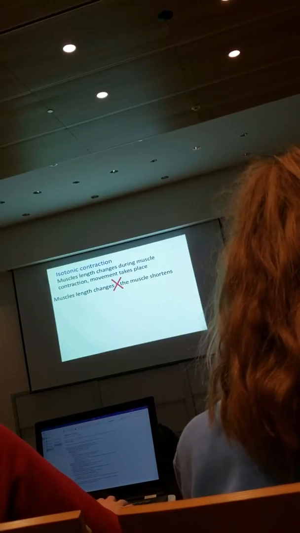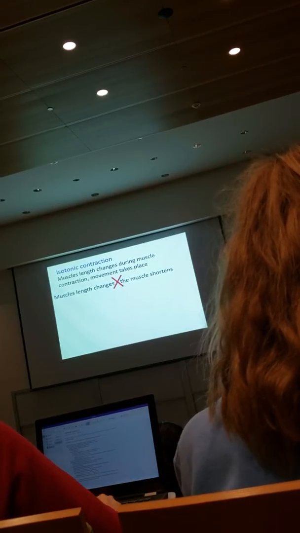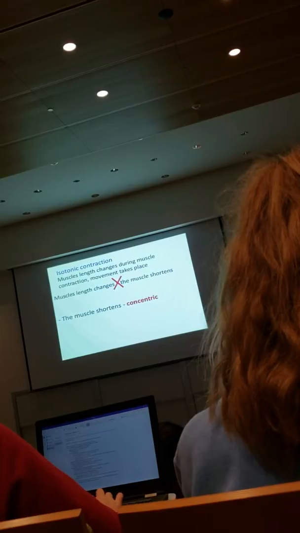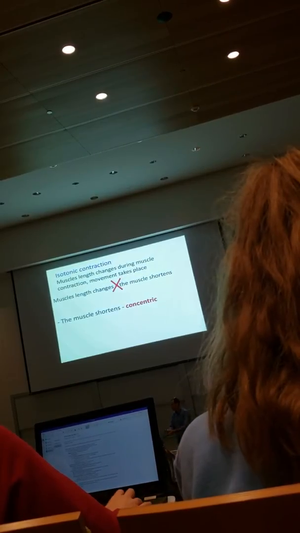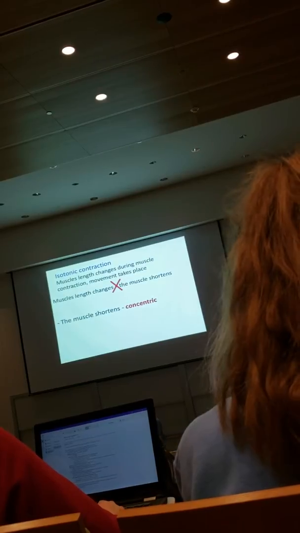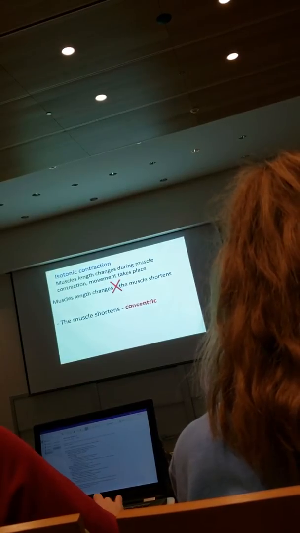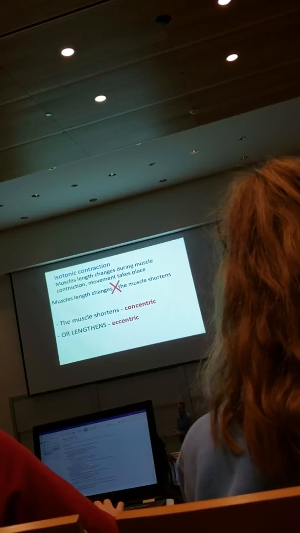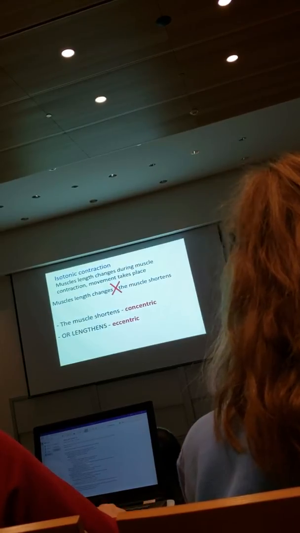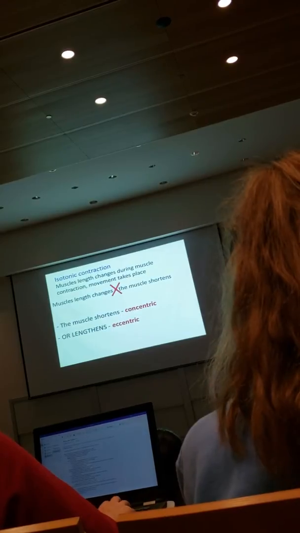This is when we distinguish between two types of isotonic, concentric and eccentric. When the muscle shortens, which was your first default thought, this is what we call concentric isotonic contraction. But we can have an eccentric isotonic contraction. This is when the muscle lengthens.